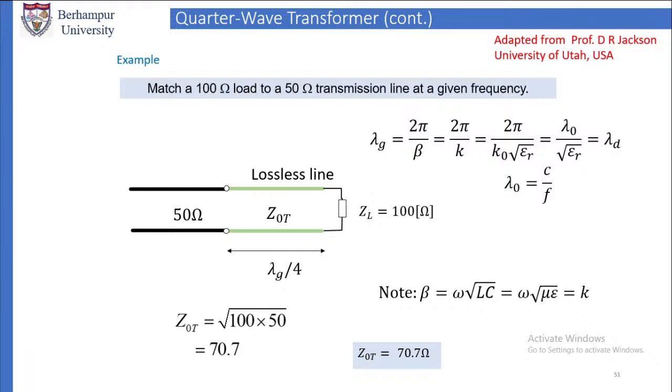Once you know lambda 0, you can find out lambda g, that is lambda 0 by root over epsilon r. Once you know lambda g, you can find out lambda g by 4, that is the length of the transmission line section. That is how you will do the matching of transmission line.